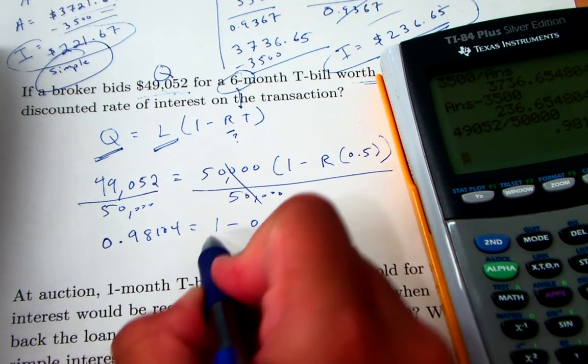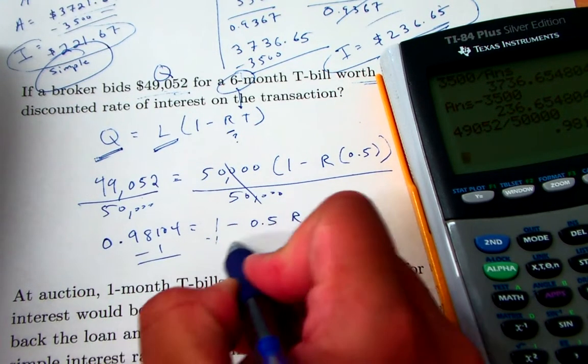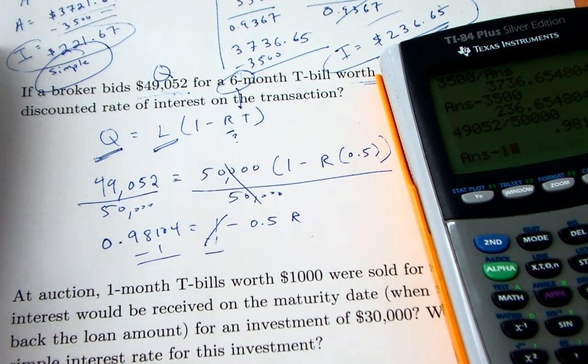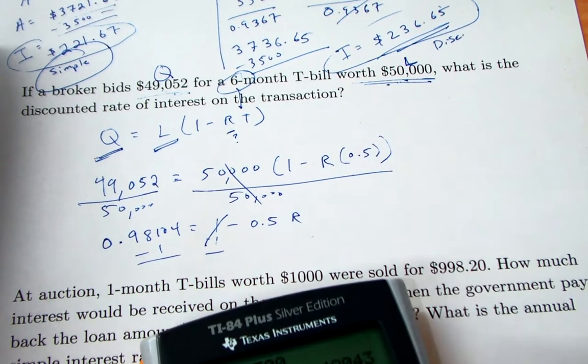A couple ways I can go here. I'm going to subtract 1 from both sides. And that gives me a very small amount, as you can see there.